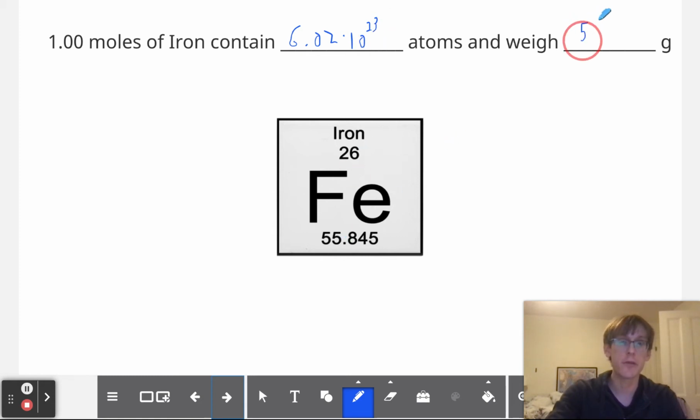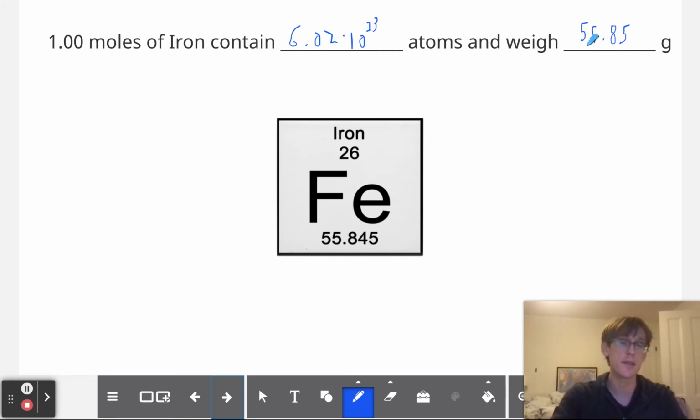In this case, I'm going to round up because of that 5. Now, I could be talking about iron, I could be talking about copper, I could be talking about anything, and exactly 1.00 moles of it will contain that same number of atoms.